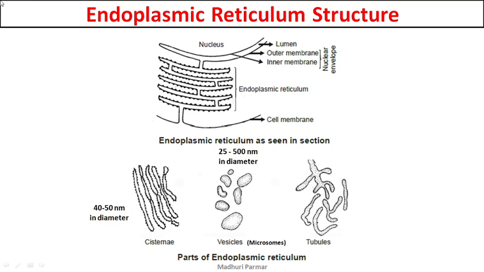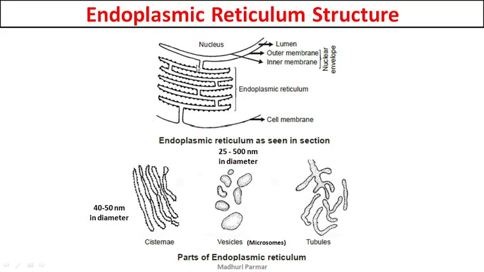So, endoplasmic reticulum structure. If this is the nucleus, the nuclear membrane or nuclear envelope has two layers. There is an outer membrane here and there is an inner membrane. With the outer membrane, the endoplasmic reticulum is connected.